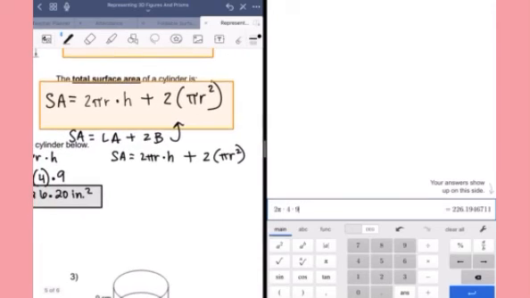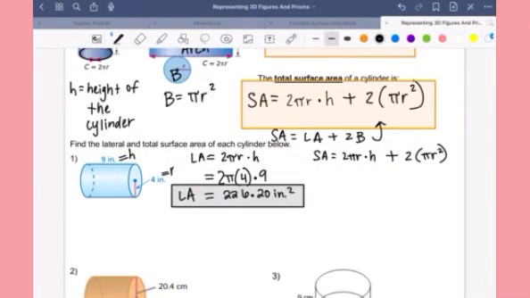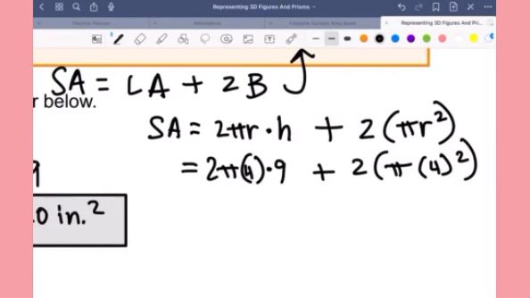Total surface area. Let's plug in our numbers. So it's your lateral, the same thing we just did, plus 2 bases. Pi 4 squared. Excuse me. Please double check your parentheses. Make sure you have everything written correctly. Let me rewrite this.